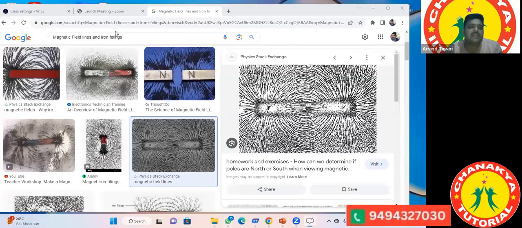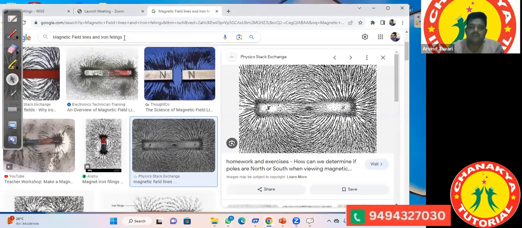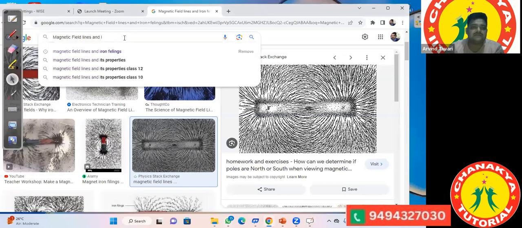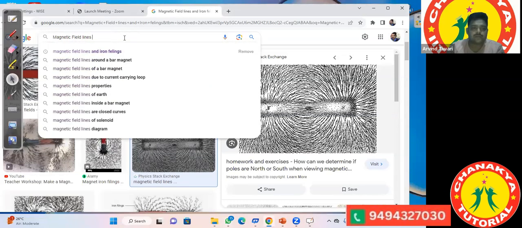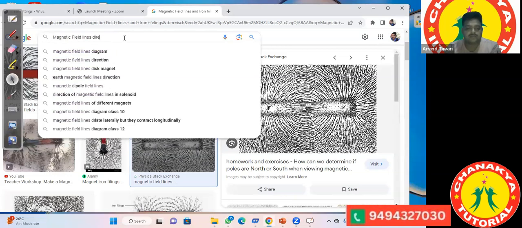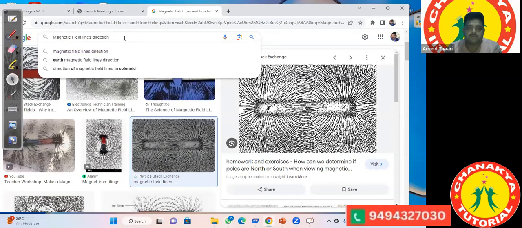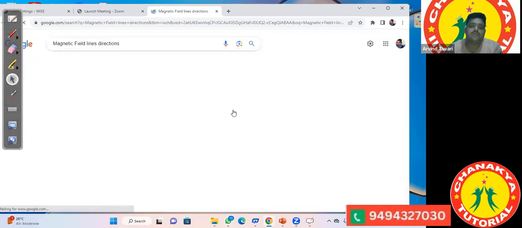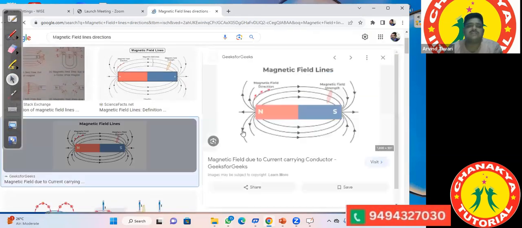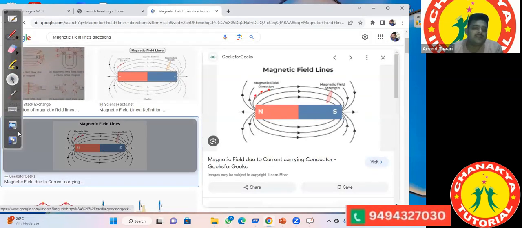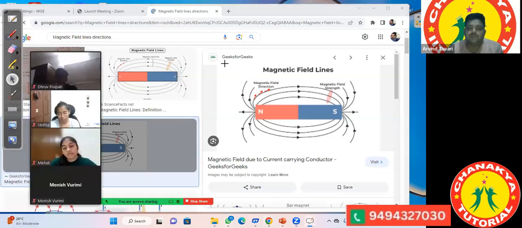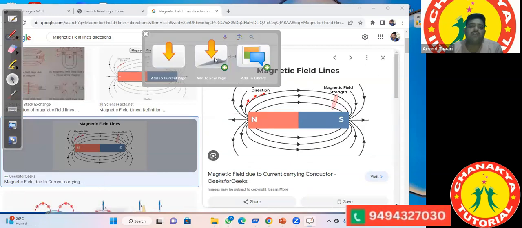So, magnetic field lines with directions. As you can see here, the magnetic field lines originate from the North Pole and they enter the South Pole. How did we get this direction?